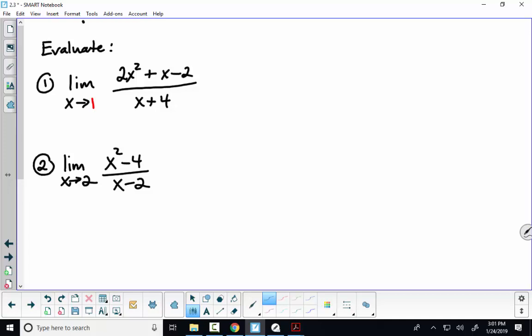What do you think? The only issue here that we're looking for, again, is division by 0. If x is 1, and I plug that in there, my denominator is 5. So this thing is totally fine to proceed with. So I'm going to take x equals 1 and plug that in.